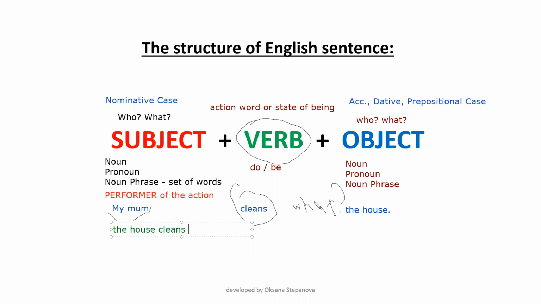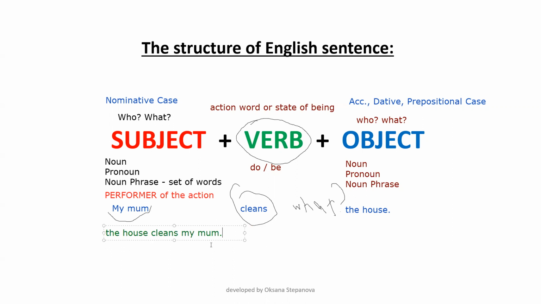cleans my mom. It doesn't make any sense in the English language because the meaning of the nouns tells us a different story. The house cannot clean or do anything. And my mom is the performer of the action.